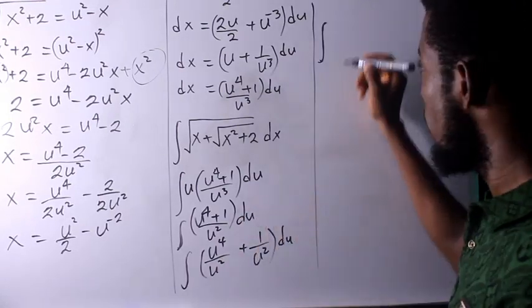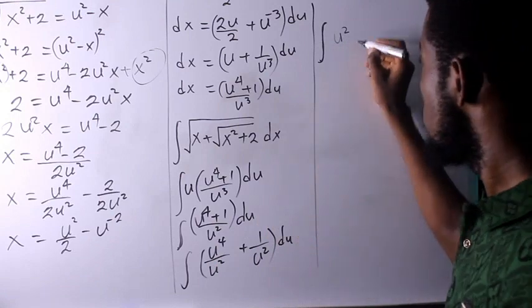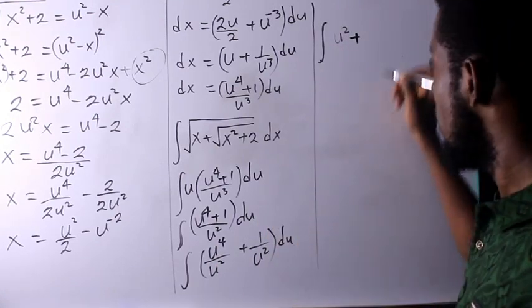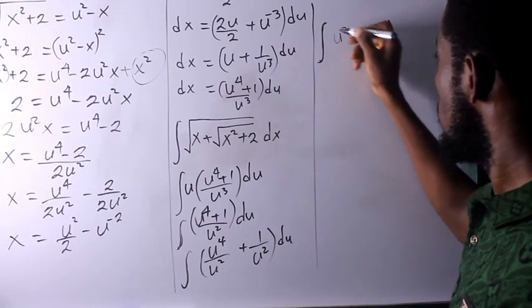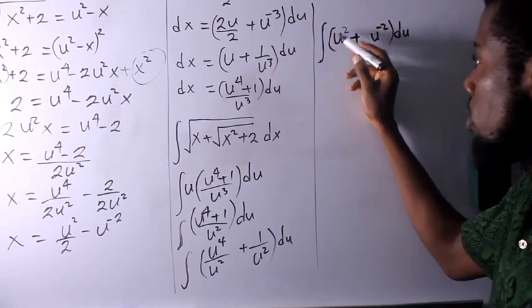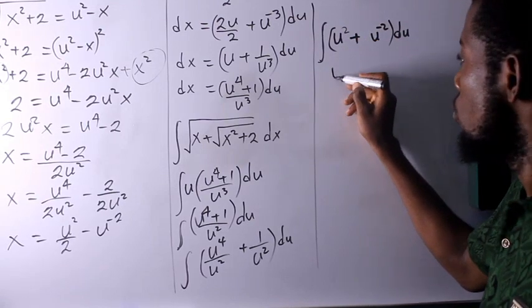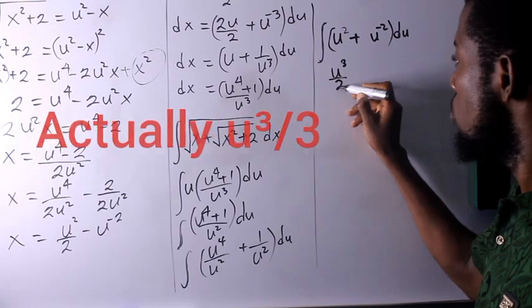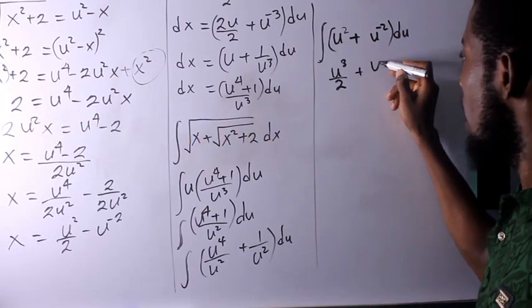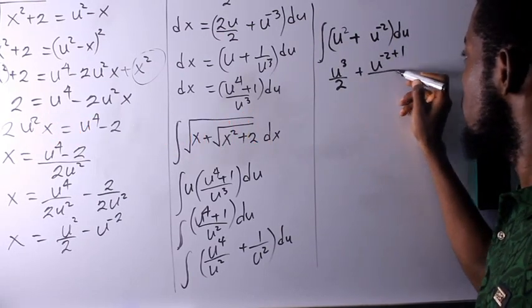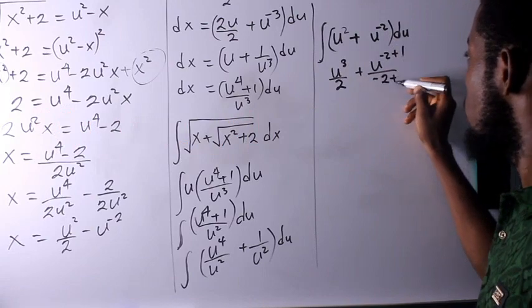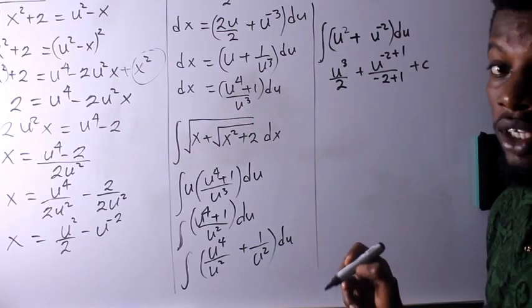This can be simplified as u squared plus, this can be simplified as u to the power of negative 2, and then a du. If we integrate u squared, we have u cubed over 2, and to integrate this is to add 1 to the power and divide everything by the new power, and then we say plus c.